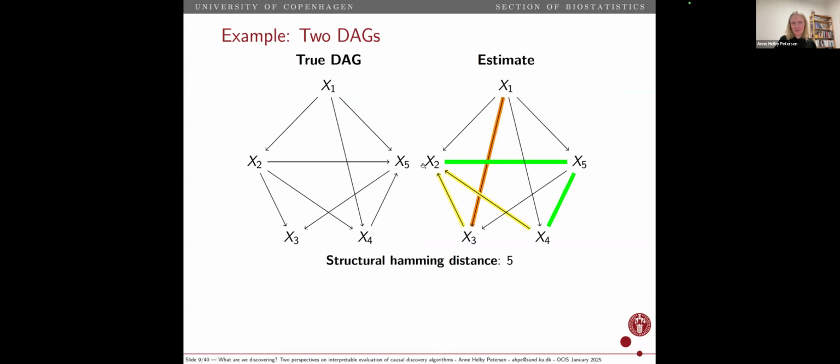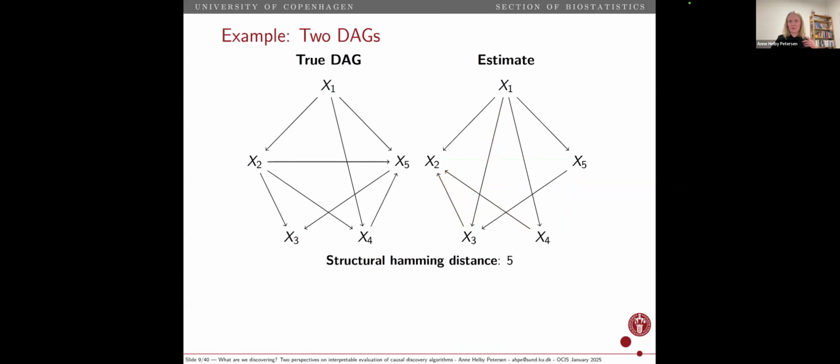So in this case, I've marked that you need to add two edges in green. You need to remove one in orange, and then you need to reverse the directions of two of them. That's the yellow ones, and that gives you 5 different operations. So it's quite an easy and simple thing to do, to just count how many operations you need to do to turn one into the other.